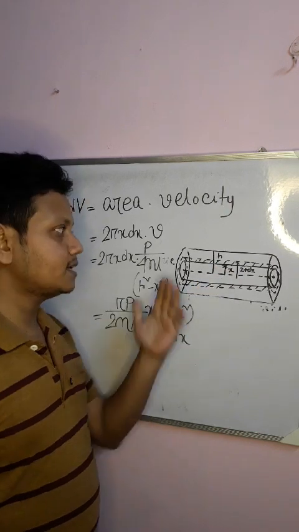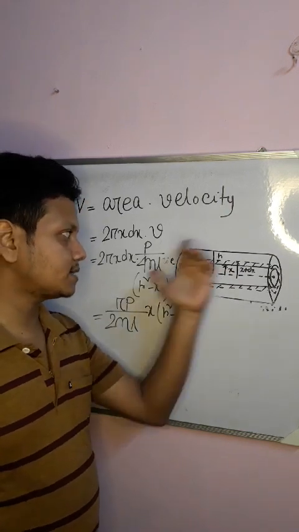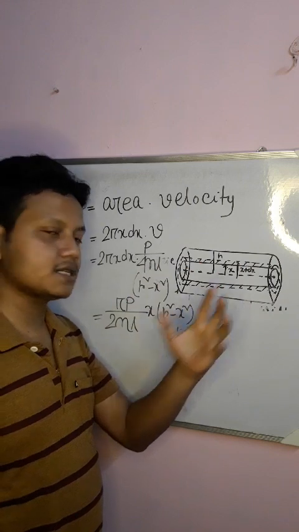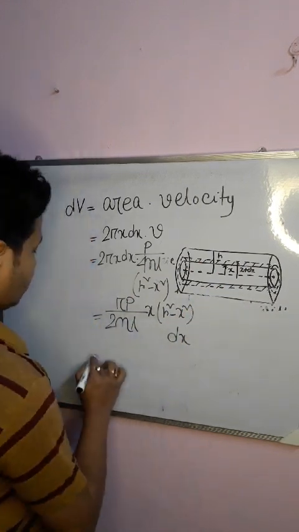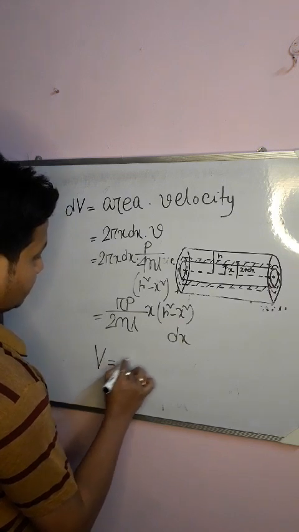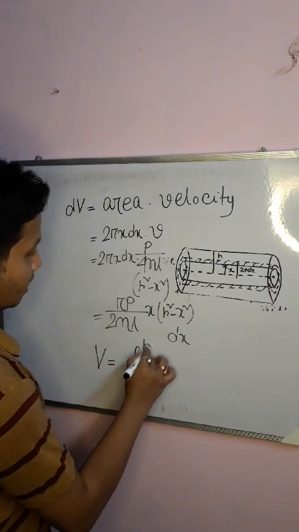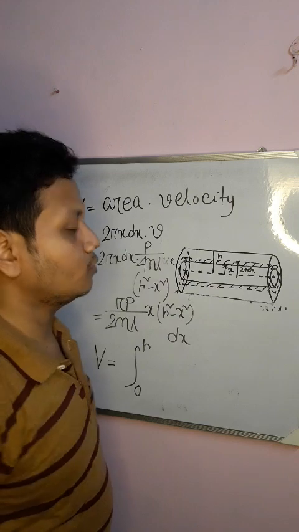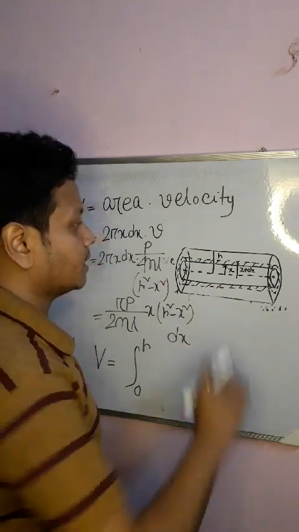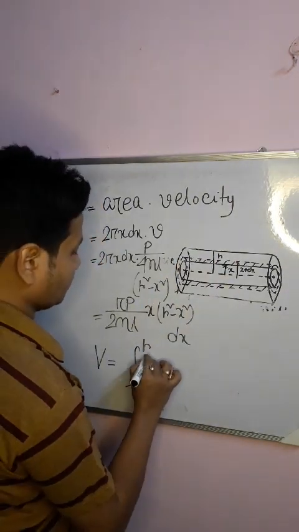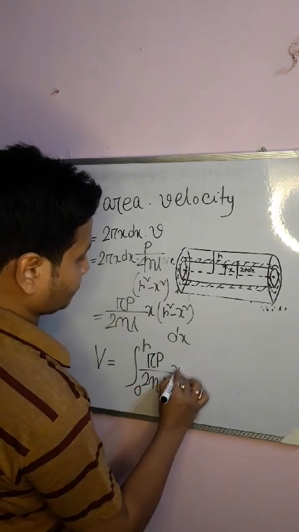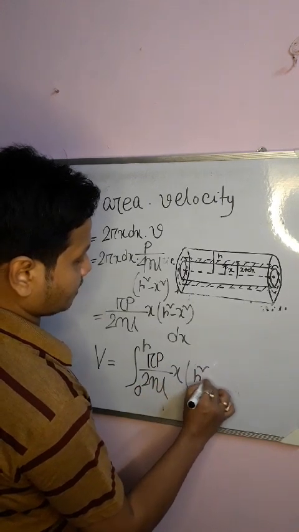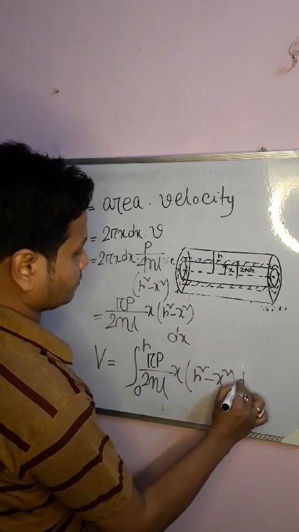Since we can divide the entire cylinder of radius r into a large number of small cylinders, if we integrate within the limits 0 to r, we will get the volume of the liquid flowing out per second through the whole cylinder, that is pi p by 2 eta L integral of x into r square minus x square dx.